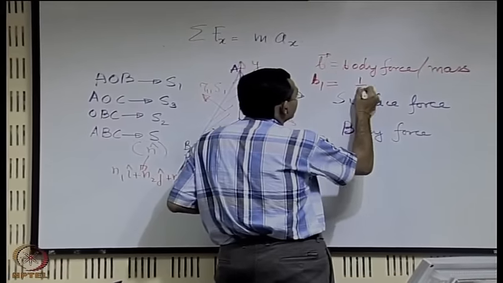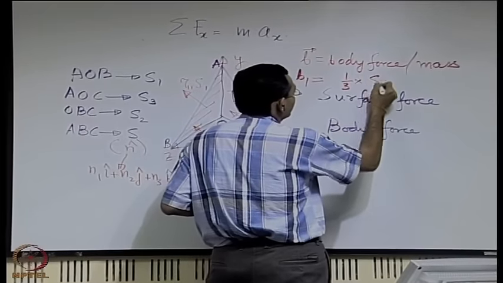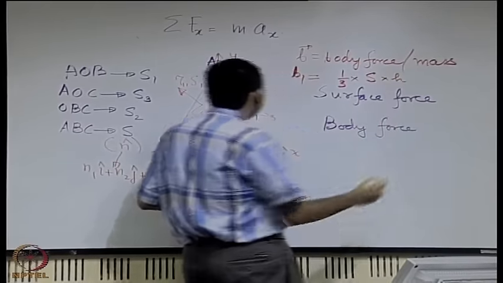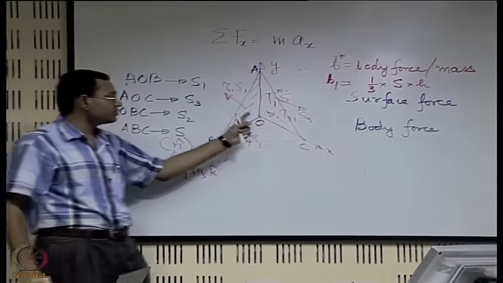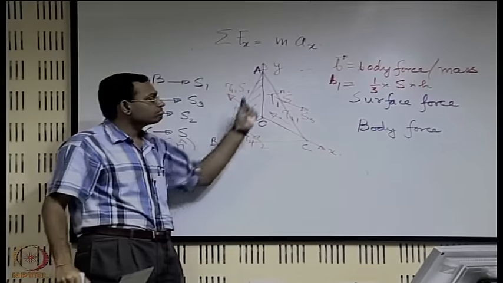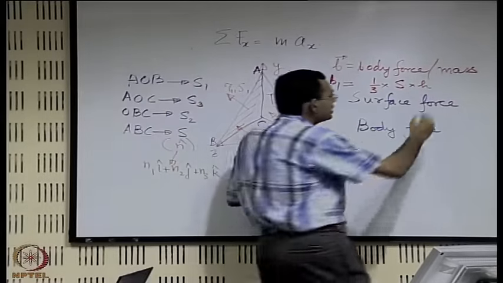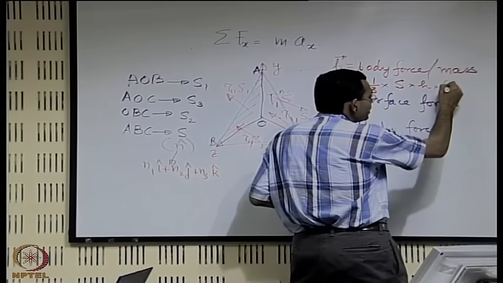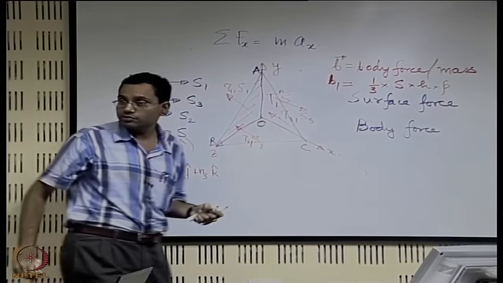First the volume: 1/3 into S into h, where h is the perpendicular distance from O to ABC.